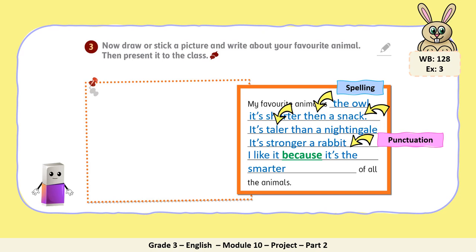You're absolutely right. I have a few grammar mistakes too. I think I should say it's stronger than a rabbit. And I like it because it's the smartest of all the animals, not the smarter. Thank you so much for helping me.